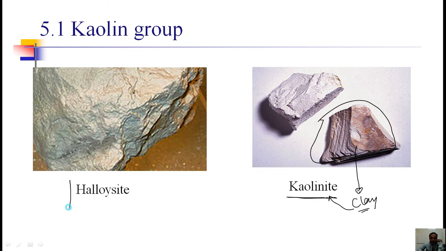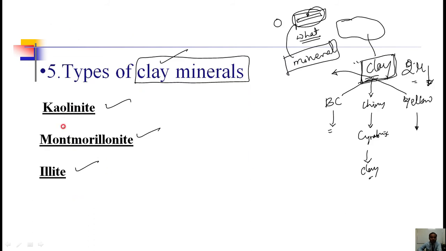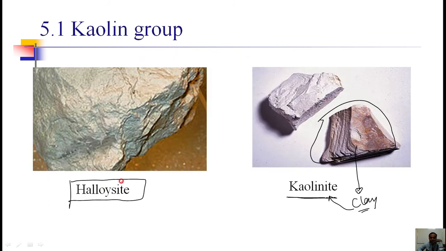We have one more mineral here, halloysite, which I did not tell in these three minerals. This one is extra. Why? Because it is somewhat similar to kaolinite. Therefore, when I read kaolinite, I will understand the behavior of halloysite. And halloysite is not that useful in geotechnical engineering. Kaolinite we will deal with often. Therefore, it is very important.